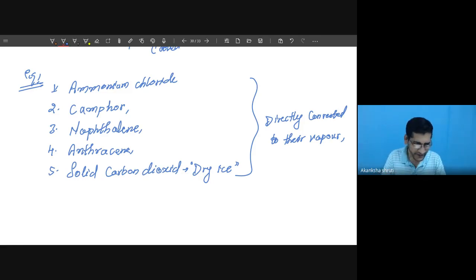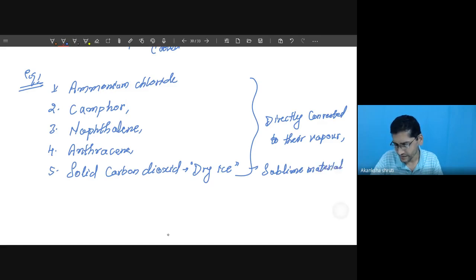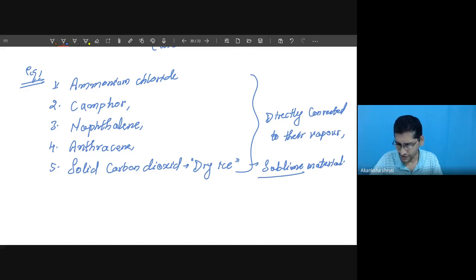Therefore all these substances are also called sublime substances, meaning those which get converted into vapor, which can sublimate. It is also called a sublime material or sublime component.